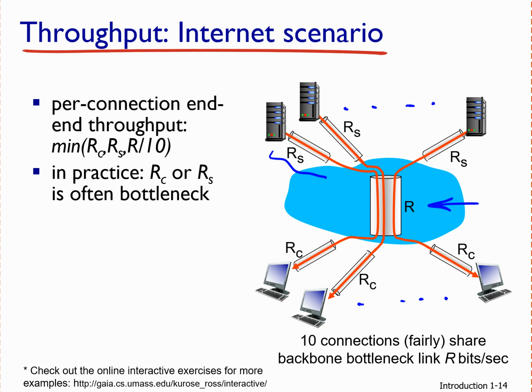It has a link throughput of Rs. We have the network core R, and we have the client connection bandwidth Rc. The end-to-end throughput in here is measured by the minimum throughput among them all.